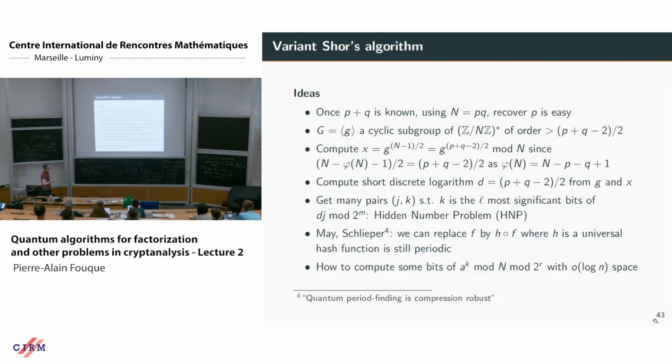In fact, we will not compute a to the k mod n. We will compute some exponentiation modulo, so we are computing the least significant bits of this value. This is exactly where Gidney computes the most significant bits of this value, and he can do this using cheaper arithmetic, which is why he can save something.